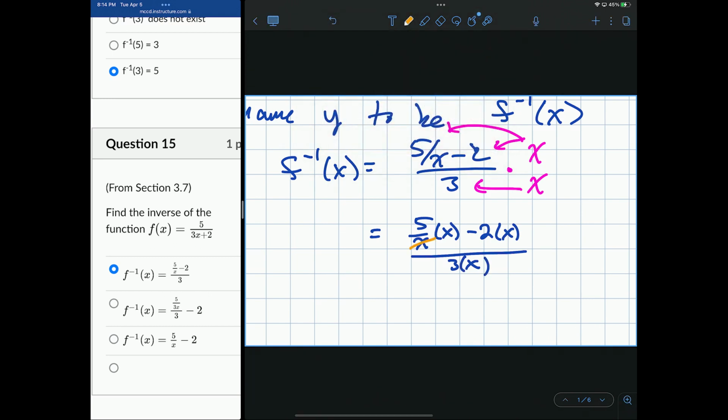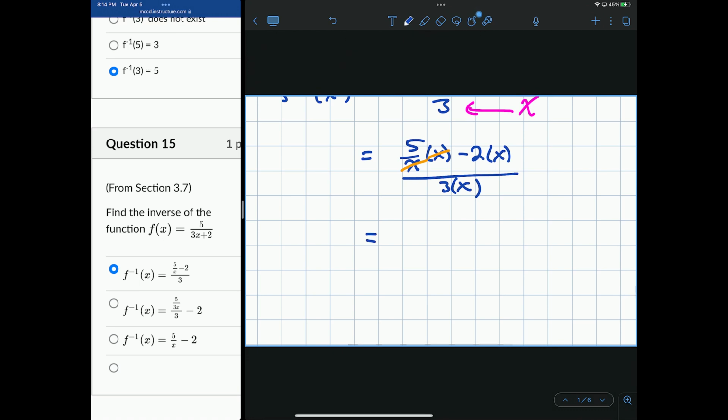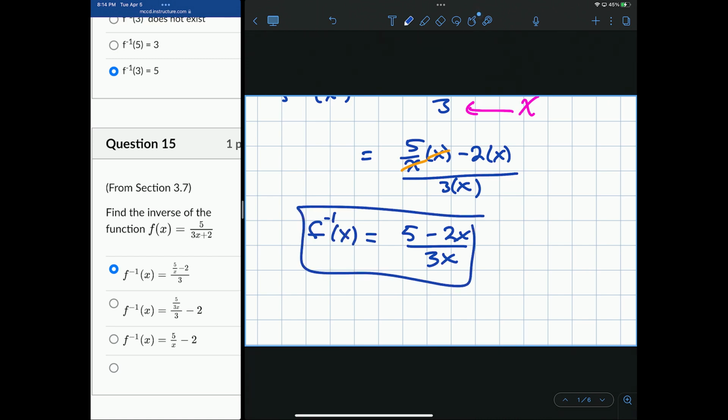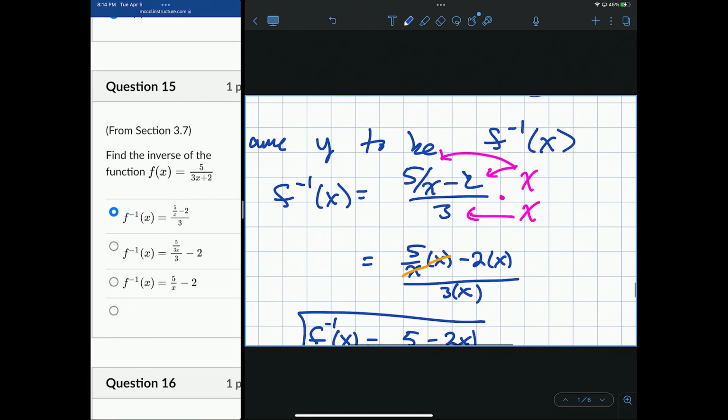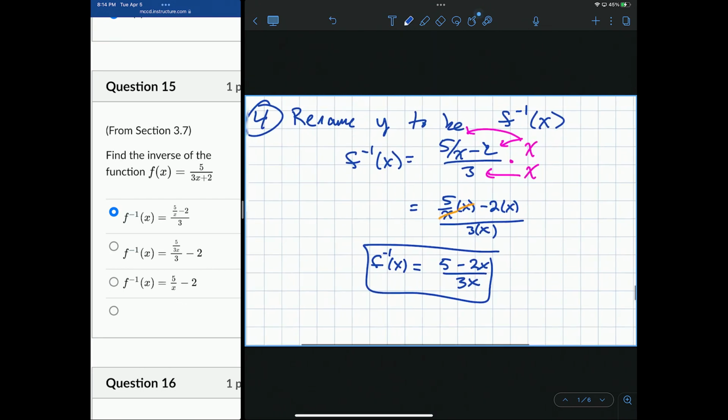But here it cancels. And that's good because then it lets you write your answer this way, 5 minus 2x over 3x. That looks a little bit nicer. So it's possible you would see that answer in your list instead of the one we actually selected. So just be aware of that.